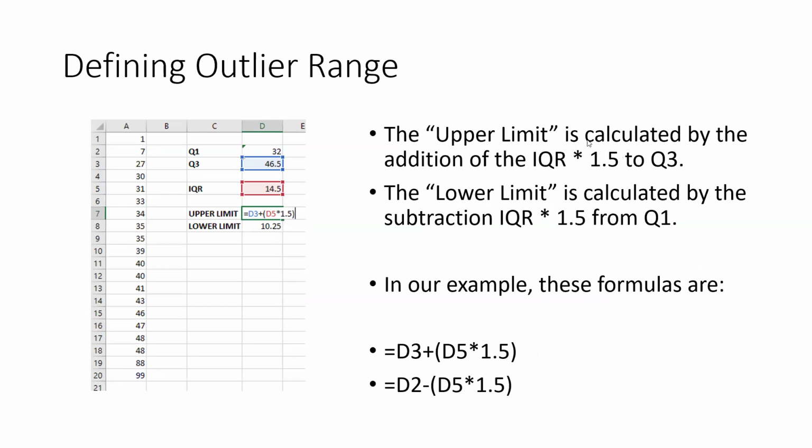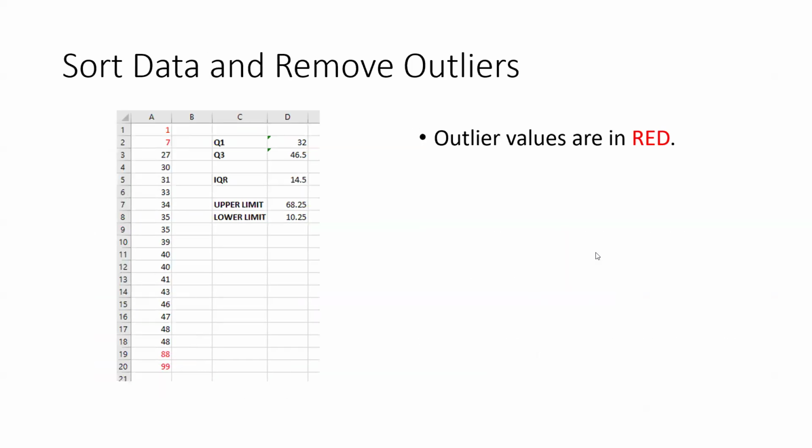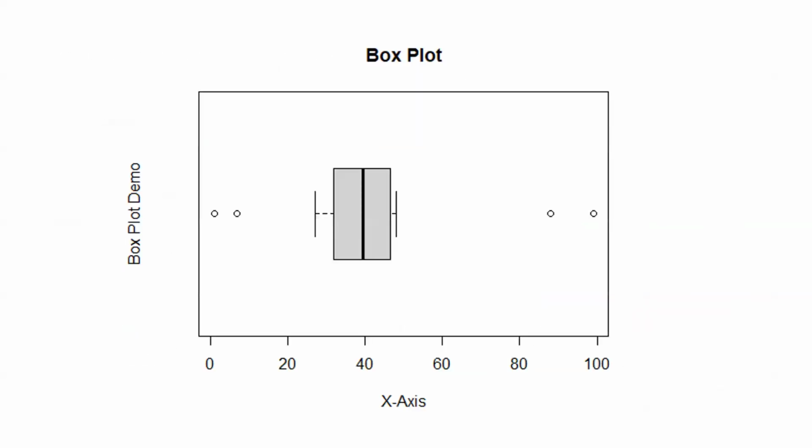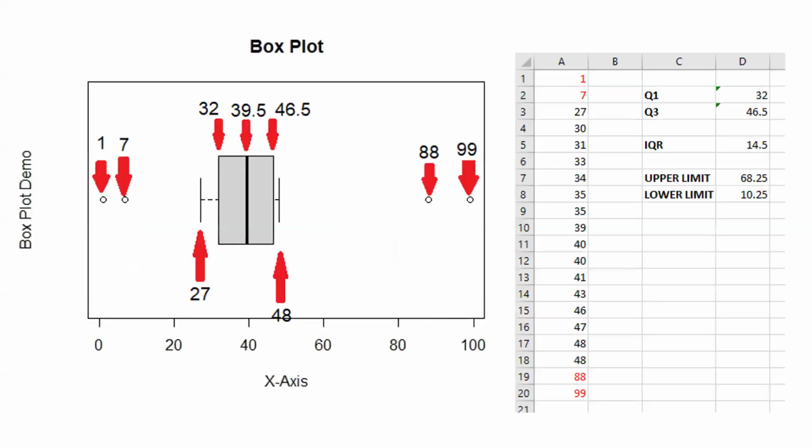Those were calculated by the interquartile range multiplied by 1.5 as added to the third quartile value, and the interquartile range multiplied by 1.5 as subtracted from the first quartile value. So that provides us, as it pertains to our example data set, with this visual here.